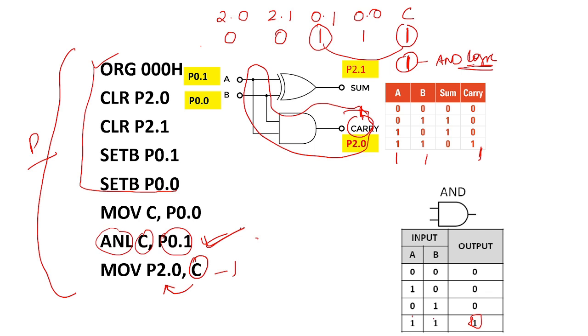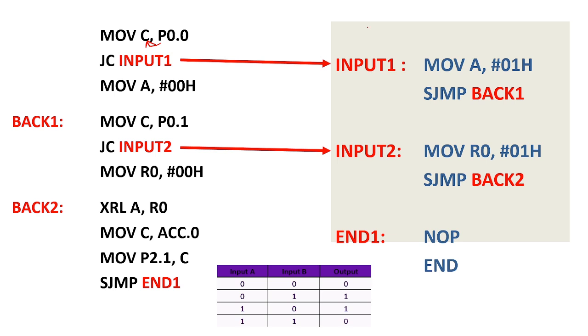That means you can see the content of 0.0 is 1. Okay, now jump if carry is set. So if the condition is true, because you know that C will hold the value of 1 now, then I need to go for input 1.